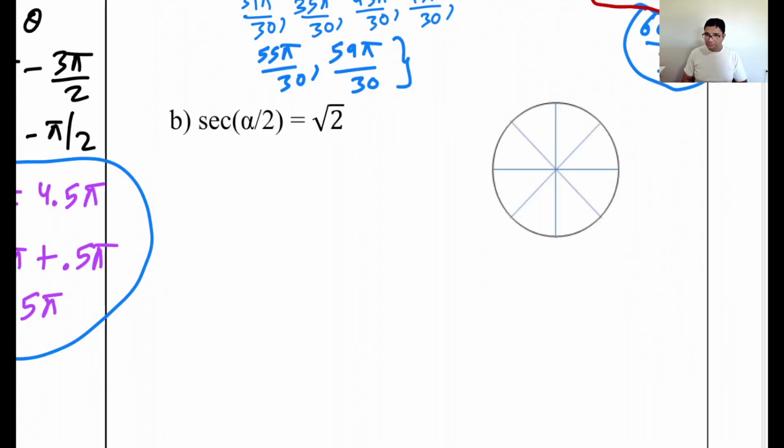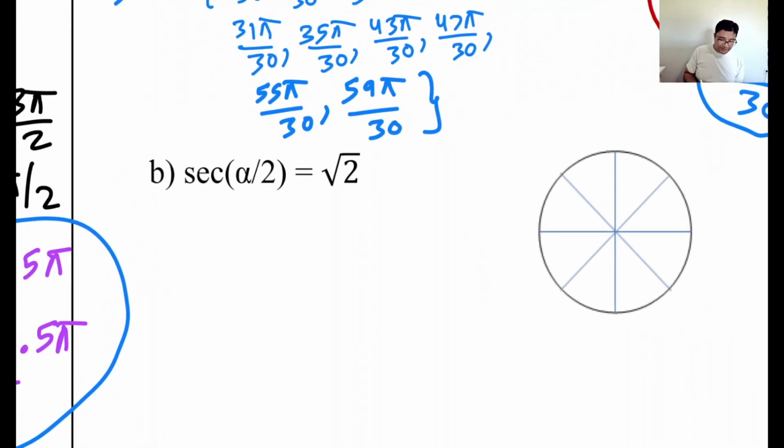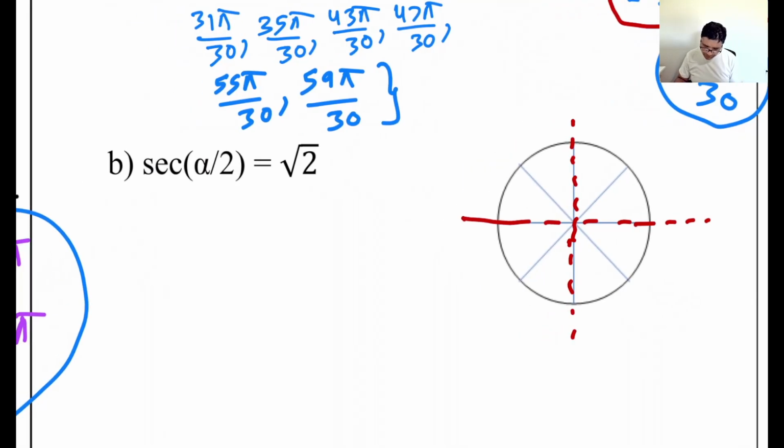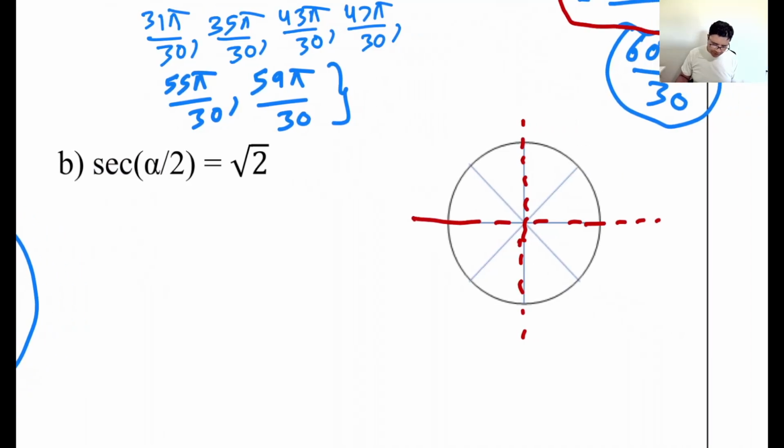One more example. This time you are dividing by 2. Okay, you can go ahead and give it a try. Where does root 2 happen? In the unit circle.